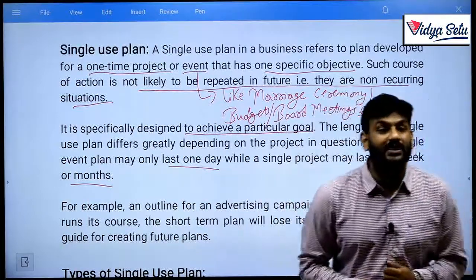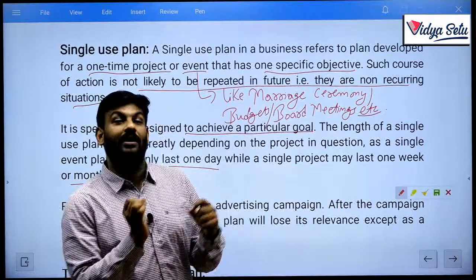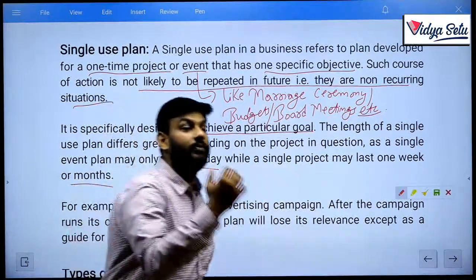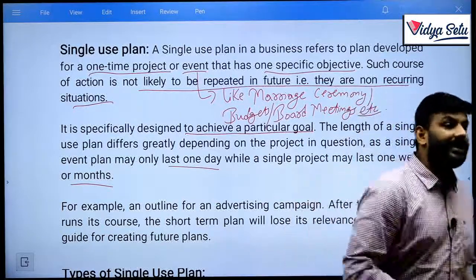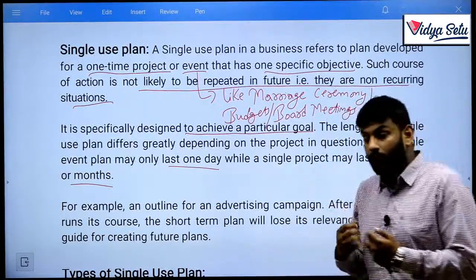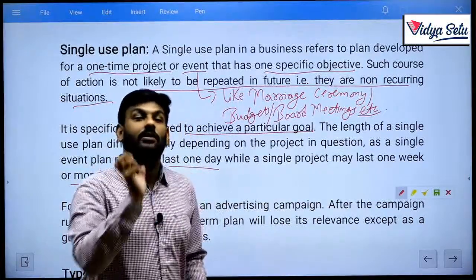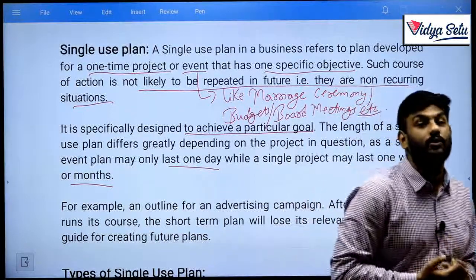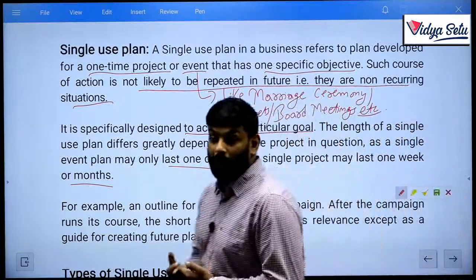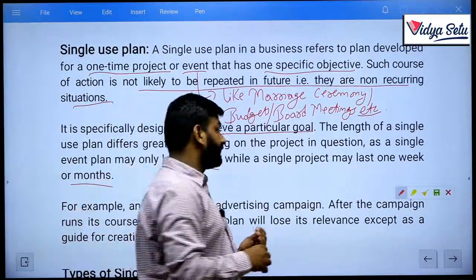In case of advertisement plans, all the planning is done until the advertisement comes on media or television. But when it is broadcast to each and every person, the planning for arranging the advertisement is completed. Now the organization needs to change the plan or make a new plan for further advertisements. Clear?